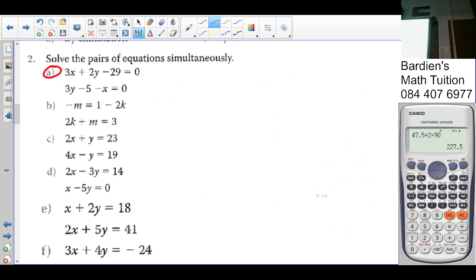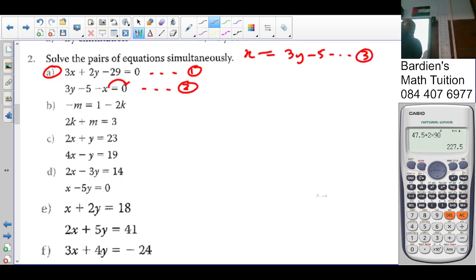So the substitution method, which would be the easiest to make the subject of the formula here? The second one. And what are we going to make the subject of the formula here? X. So I take x over the equal sign. It becomes x equals 3y minus 5. And this is equation 3.